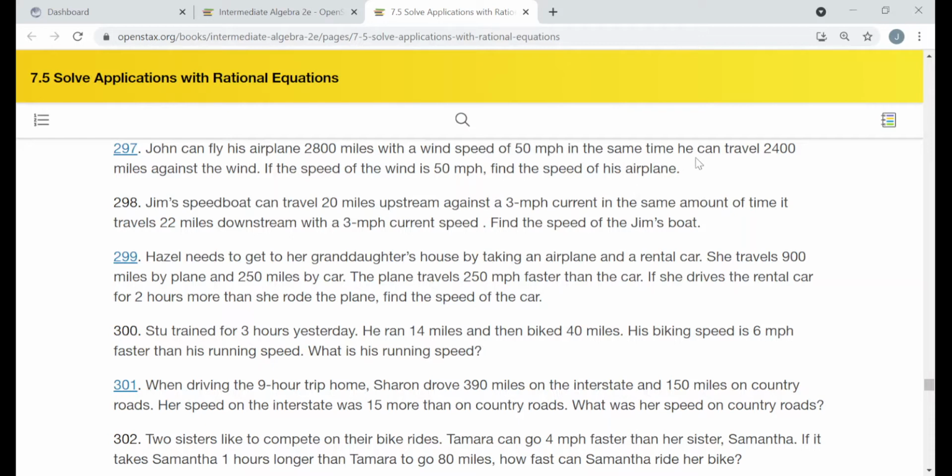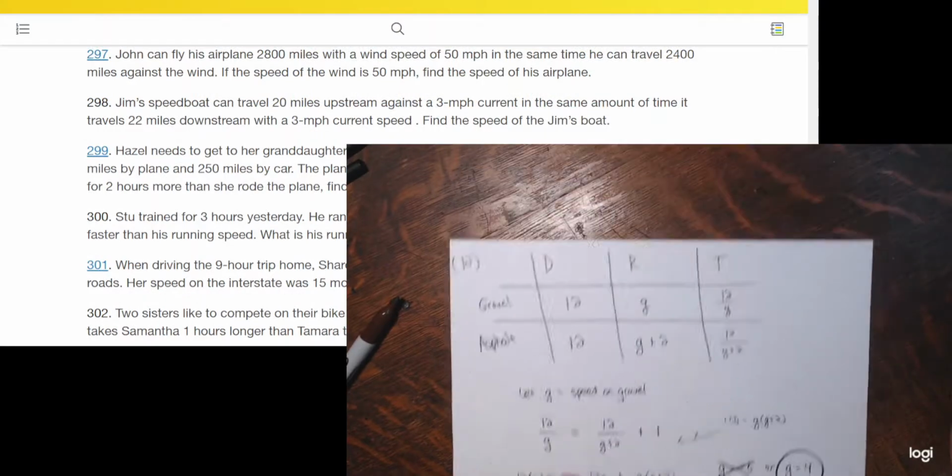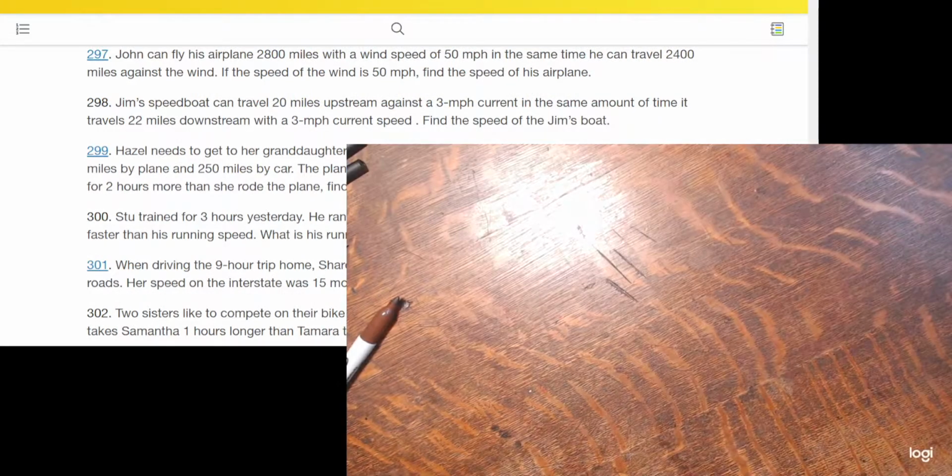Okay, this is going to be very similar to examples 1 through 4. So with a wind speed of 50 miles per hour in the same time that he can travel 2,400 miles against the wind. So yeah, if the speed of the wind is 50 miles an hour, as it was stated, find the speed of his airplane. Alright, same setup. All right, example 13, exercise 297.